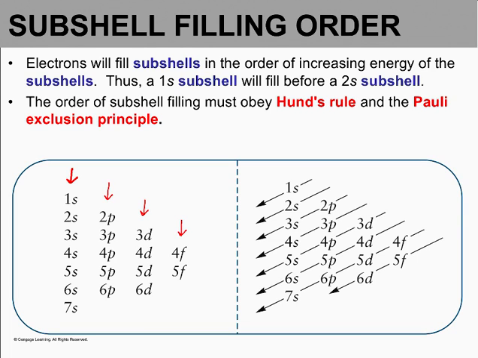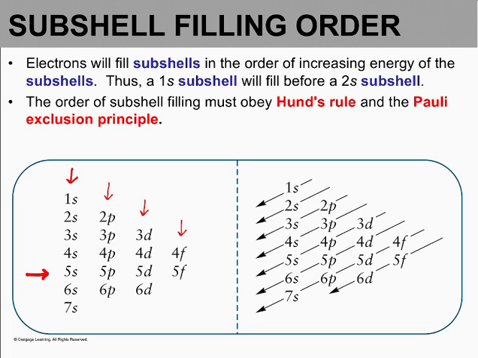Now, there are more than these subshells, but we're just going to stop there. In our class in particular, we're really just going to focus on the first few rows of elements. So you don't really have to worry about, for instance, row 5 and beyond, or even really row 4.